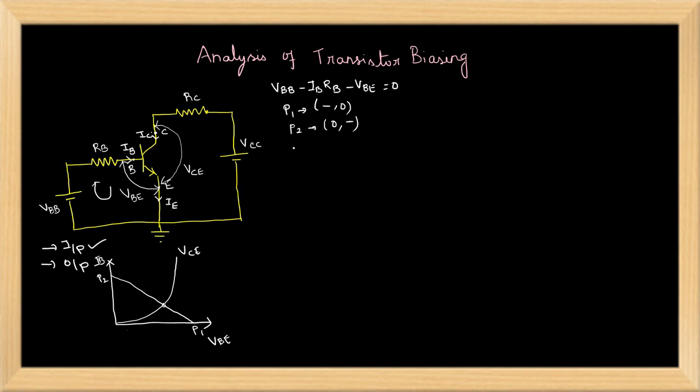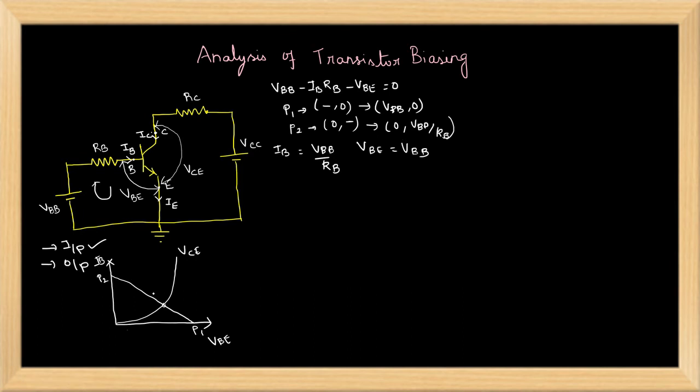So let's substitute VBE equal to 0 here. Then we will get IB equal to VBB by RB. When you substitute IB equal to 0, you will get VBE equal to VBB. So the points are P1 is nothing but VBB comma 0, and point P2 is nothing but 0 comma VBB by RB.